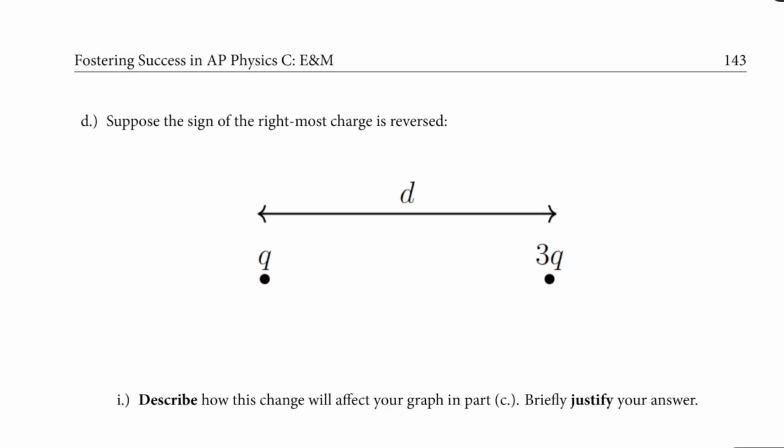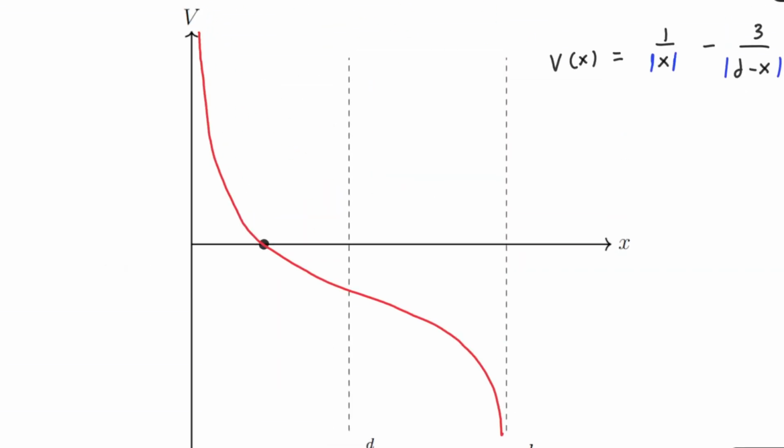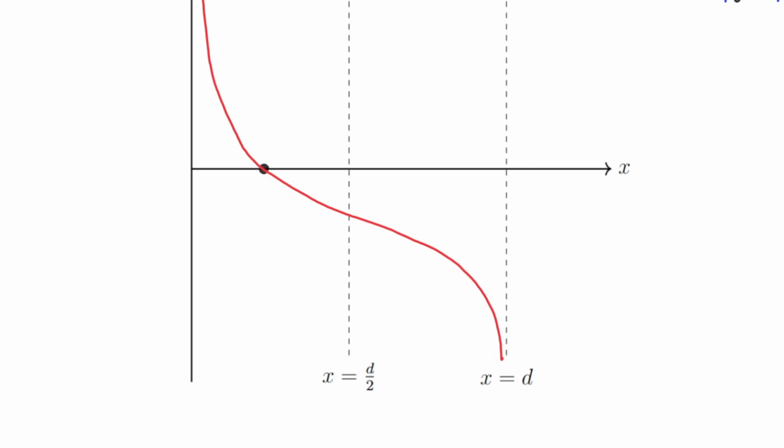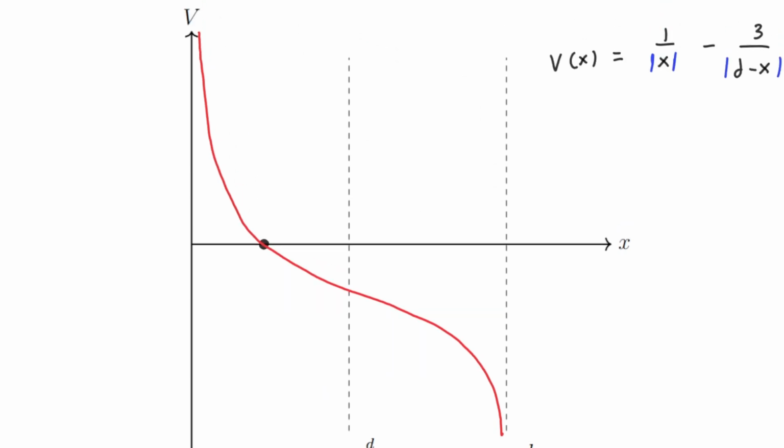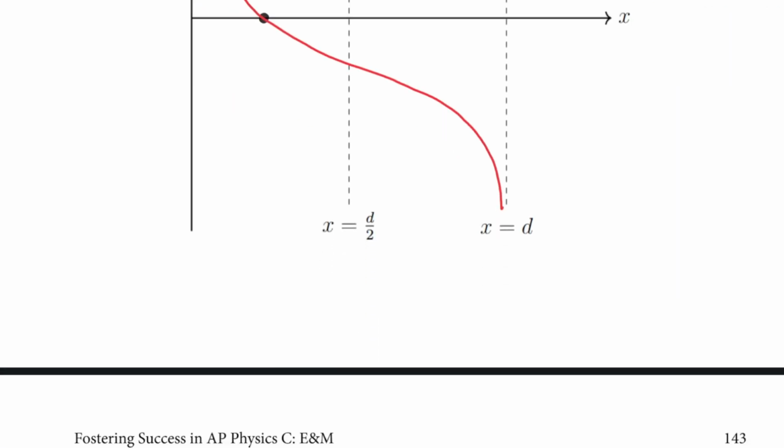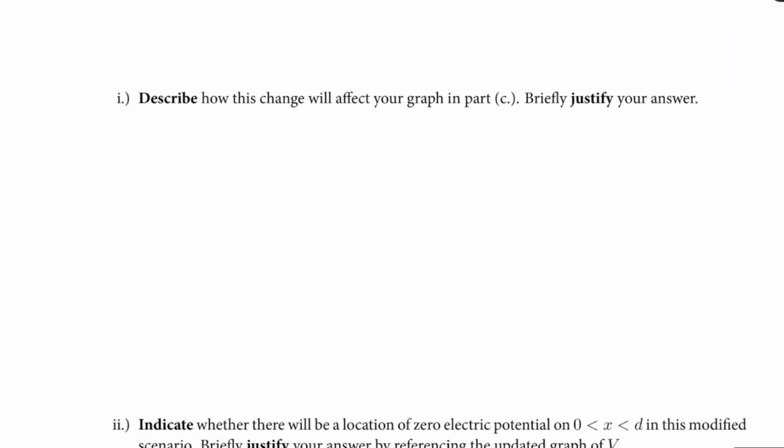So if this charge was the same, but just was positive, then this spike would end up being positive and tend towards positive infinity. So actually, there'd be nothing pressing my terrain down at all, so I'd get a strictly positive graph with an infinite spike at plus d as well, instead of a negative spike there.